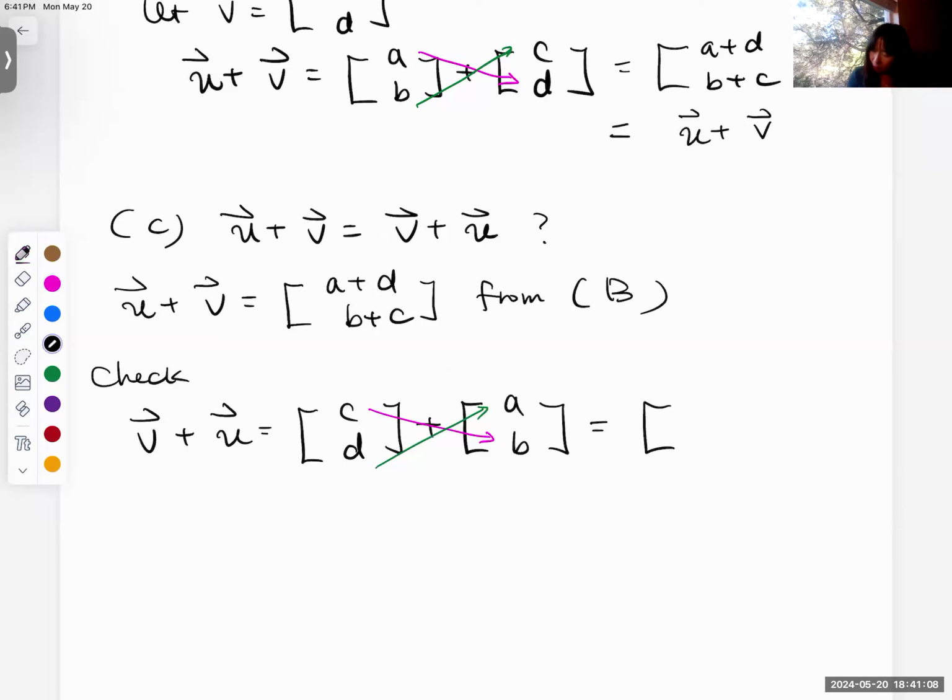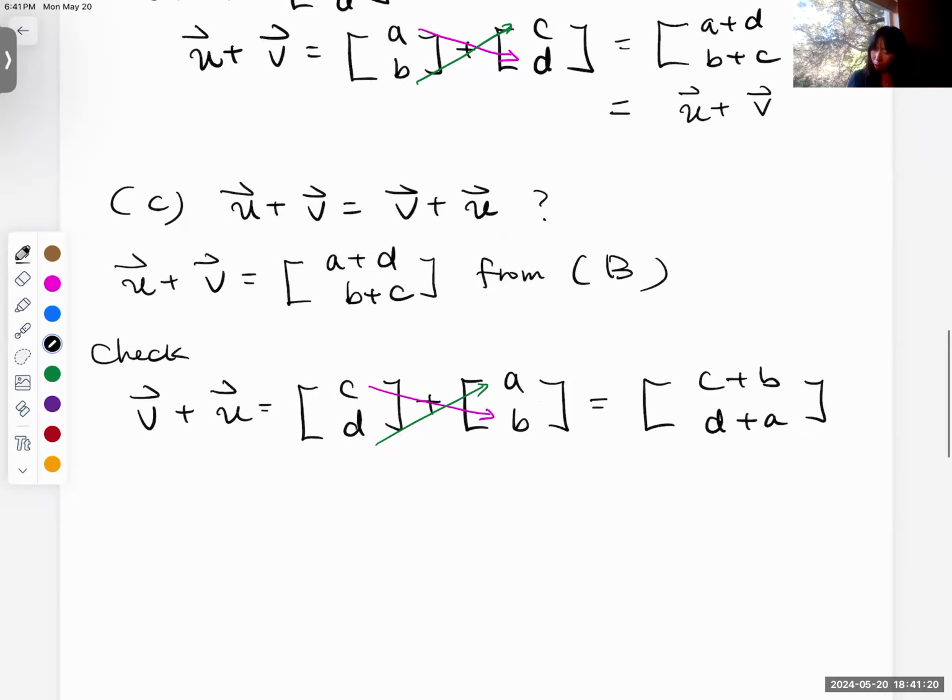So there will be C plus B, D plus A. Okay, so we don't get the same, right? We must get the same format as A plus D, B plus C, right?